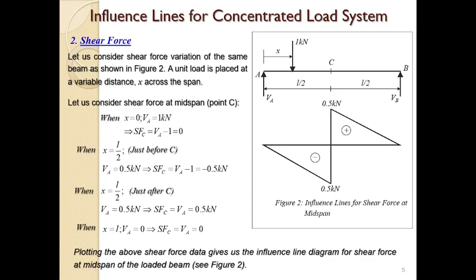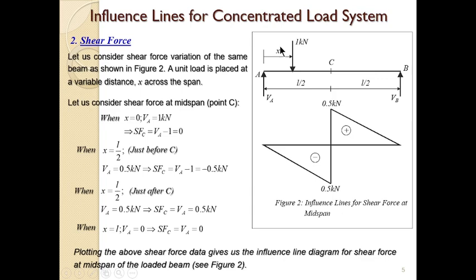And so let's also look at shear force. How do we draw influence lines for shear force? Let's look at our usual beam of span L, and we place a 1 kilonewton load at a variable position along the beam.